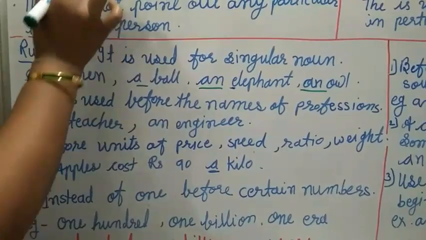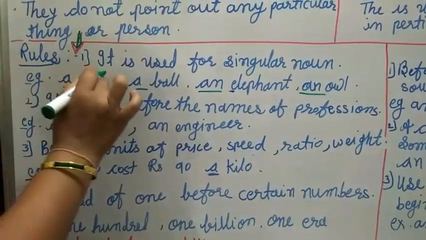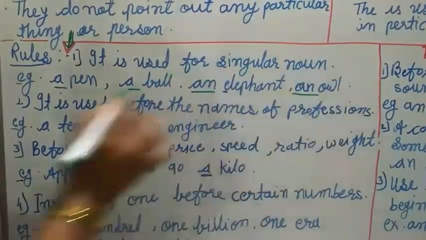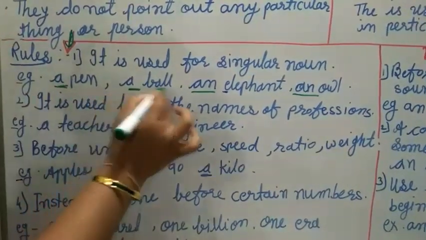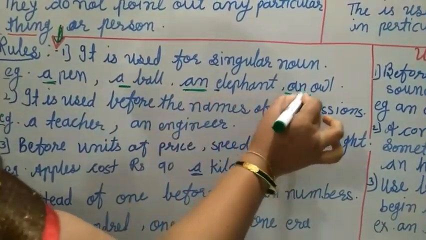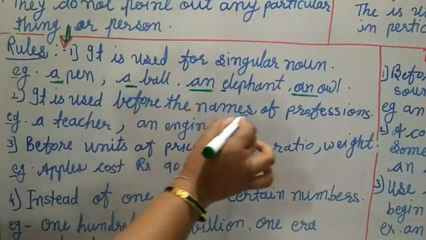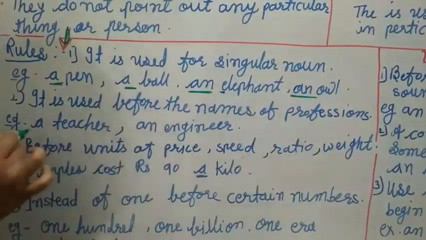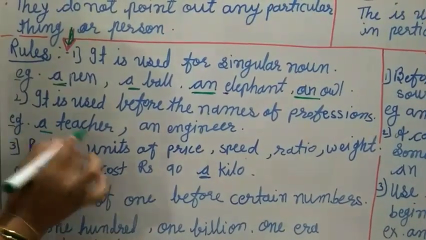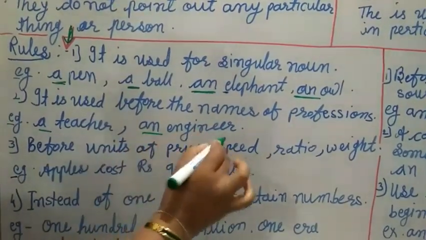We will see the indefinite article rules. First, it is used for singular nouns: a pen, a ball, an elephant, an owl. Second, it is used before the names of professions, for example a teacher, an engineer.